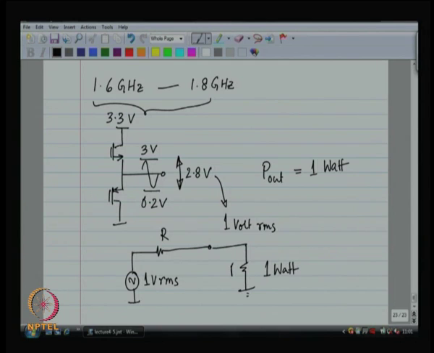So, if this is R and this is R, then I get half a volt over here RMS, which means V squared by R has to be equal to 1 watt, right, half V whole squared divided by R has to be equal to 1 watt. So, R has to be equal to 0.25 ohms.